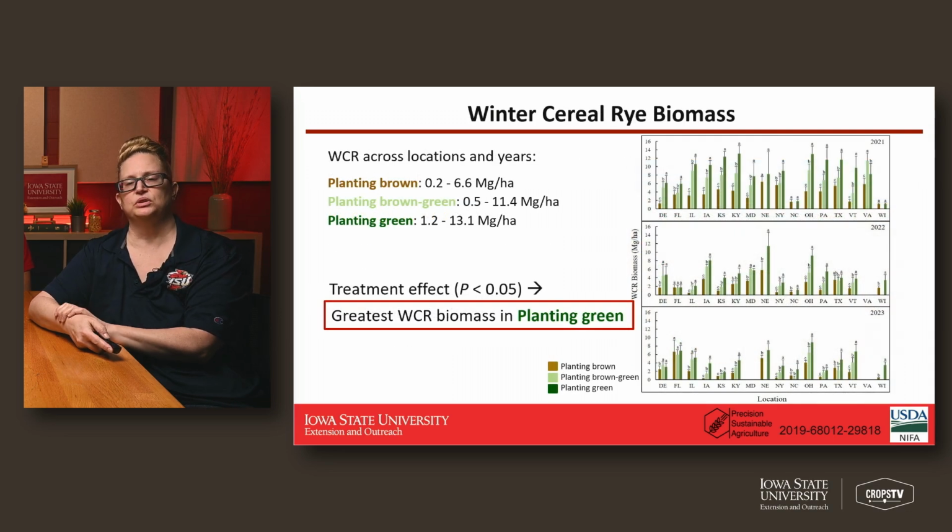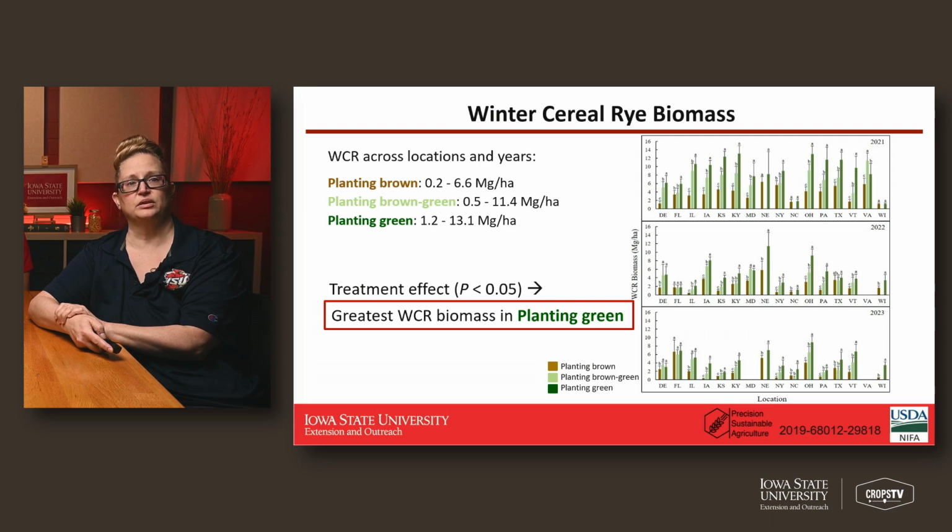So going into the different factors that we looked at for this project, I'm just going to be talking about those related to seedling disease. We will be publishing the work with the insects and weeds later. So I'm just going to focus on the winter cereal rye biomass, the seedling disease, and the corn yield for now.